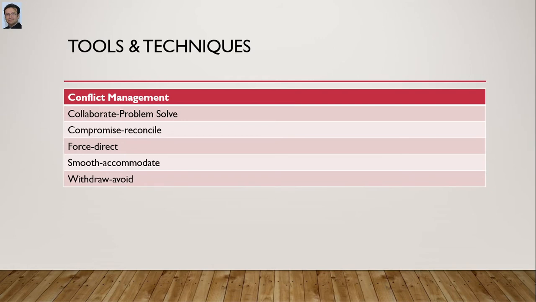It's when you point out the areas where everyone agrees rather than the disagreement in order to maintain harmony on the team. And there is withdraw, avoid. The last one is just as it sounds, withdrawing or avoiding the situation until later. This is best in a situation where tempers are high, maybe there is some yelling and nothing is being resolved.